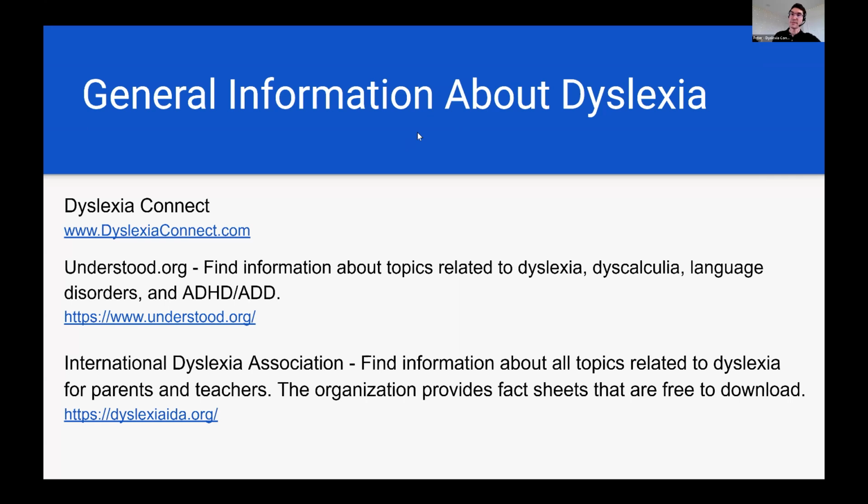Understood.org is also a great website, and that site has topics related to dyslexia, dyscalculia, language disorders, and ADHD. And then also the International Dyslexia Association is a good resource. They have a lot of info about dyslexia for parents and teachers. And they also have some fact sheets about dyslexia that are free to download.